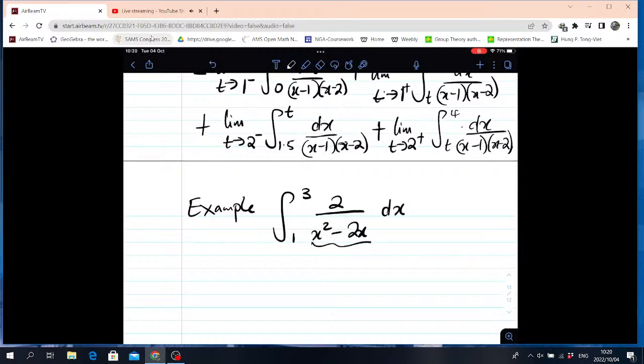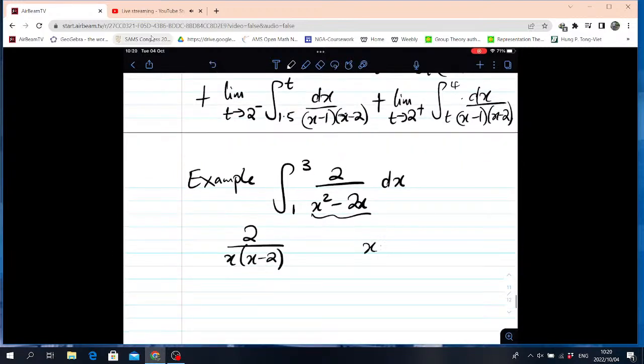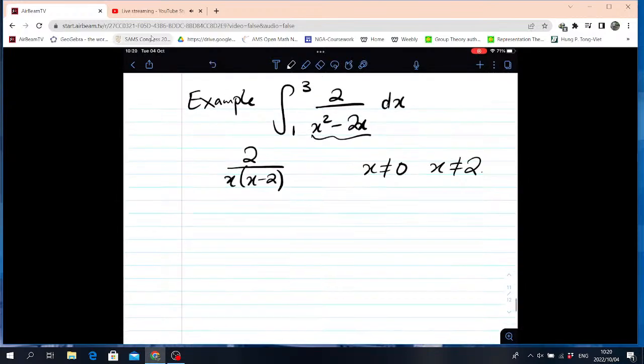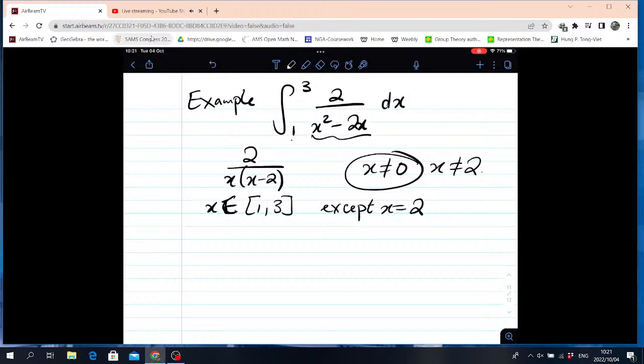The point is to write this differently, as x minus 2, meaning that the points of discontinuity are the points where our function is not defined. When writing your integral you should consider that it's continuous on any other point from 1 to 3, except when x is equal to 2. Remember that this is not in the interval 1 to 3, so we just need to deal with this one.